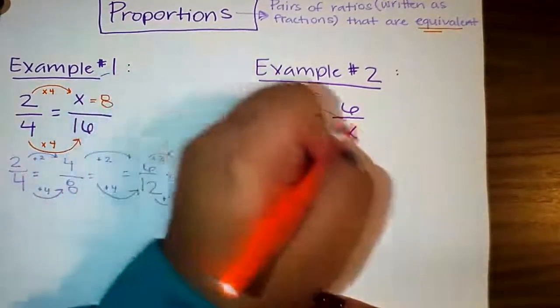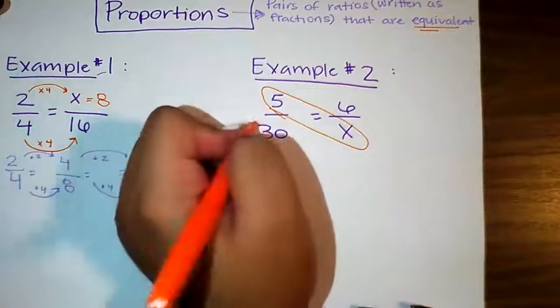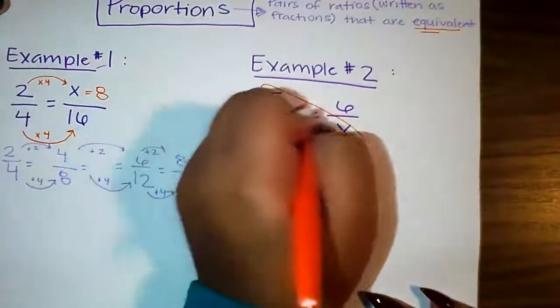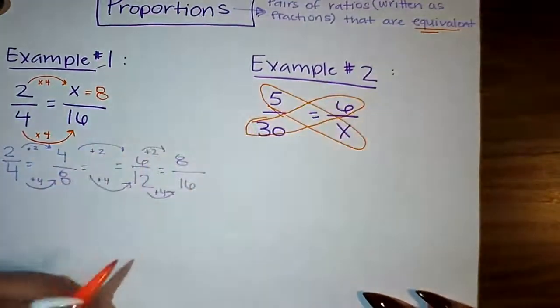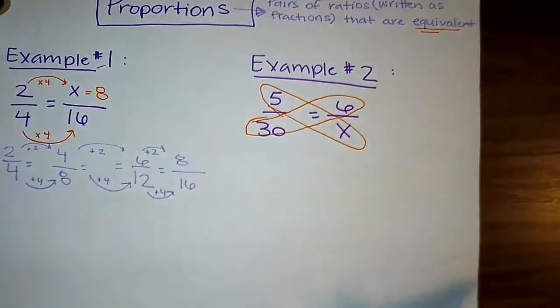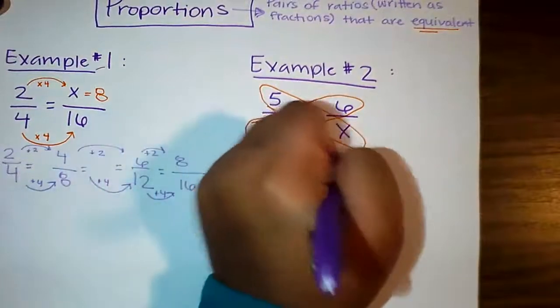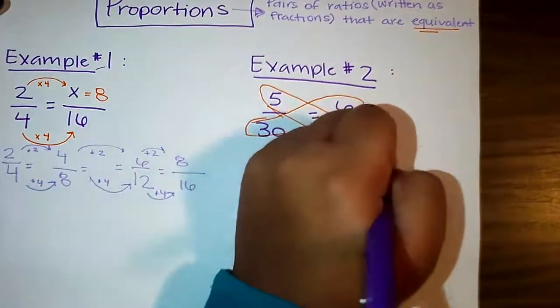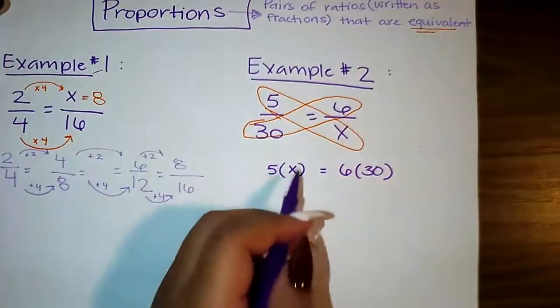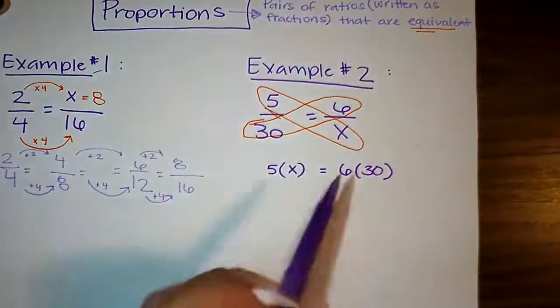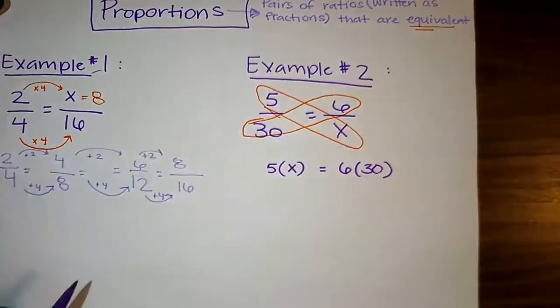So I'm going to multiply on the diagonal, and now I want to set up my multiplication sentence. So now I have 5 times x, and that's equal to 6 times 30. X is just the unknown number we're trying to find that will finish out our proportion.